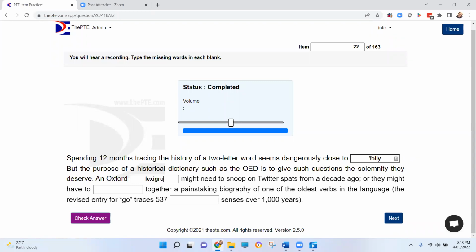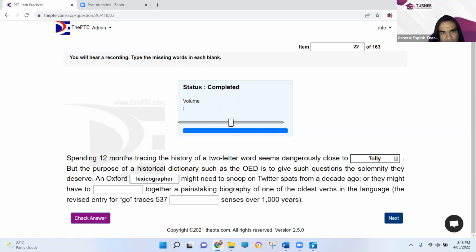I don't know what it is. It's actually LEXICOGRAPHER. Okay, what's that? Someone who writes a dictionary. Oh, okay. I didn't know. Lexicographer. Yeah.